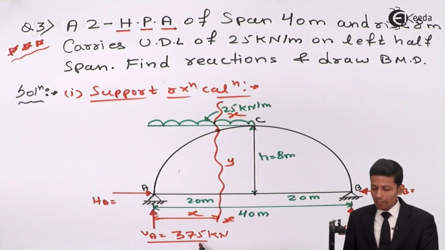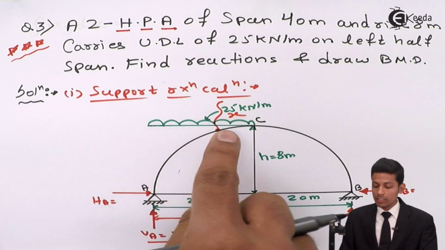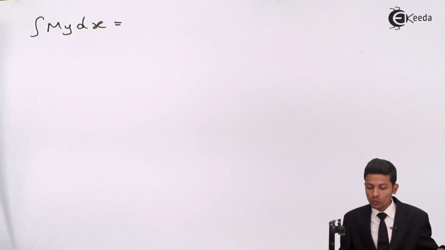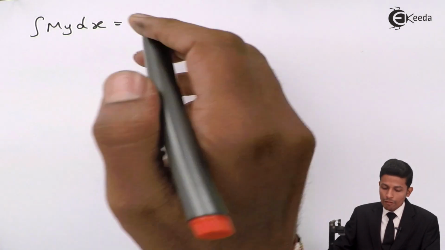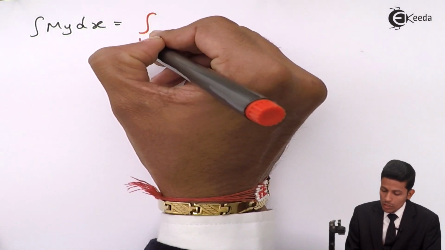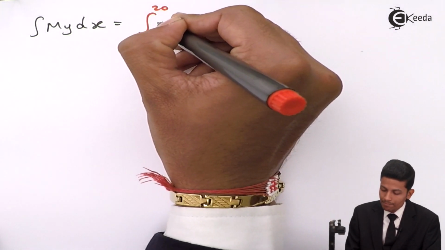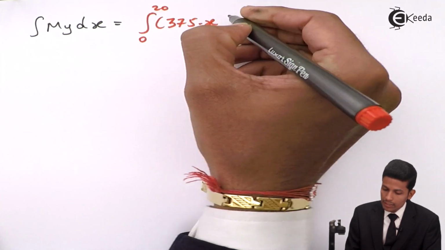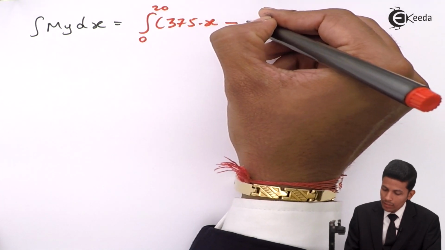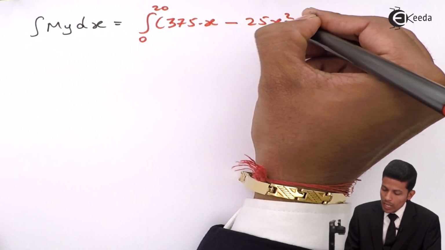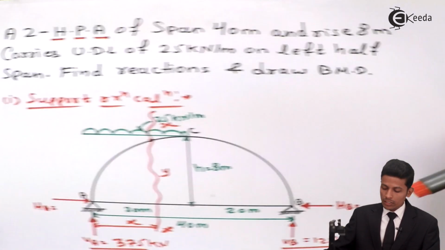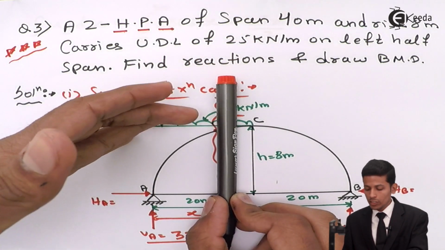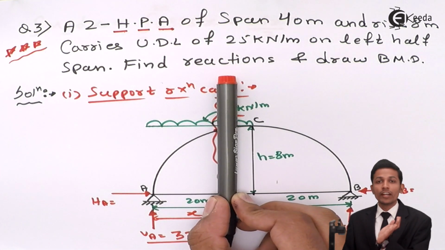See, 375 into x minus 25 into x by 2, meaning 25x square by 2. First of all take the half part, so 0 to 20: 375 into x minus 25x square by 2, because the section is taken here, this will go like this, so positive, and this UDL will go like this, so negative.